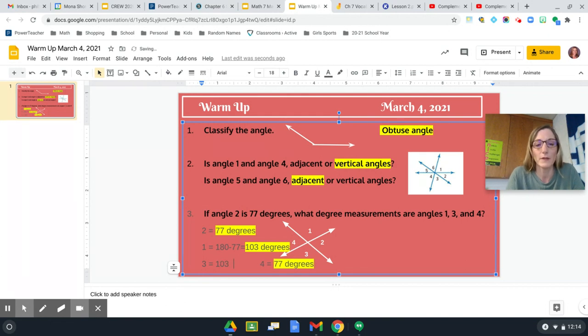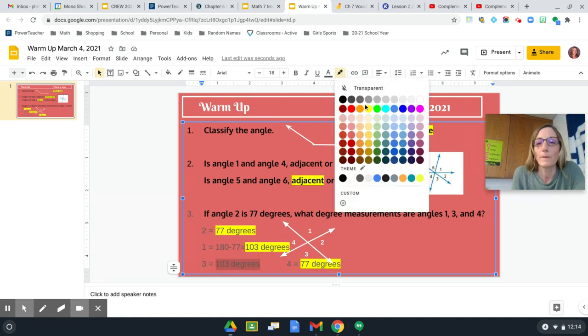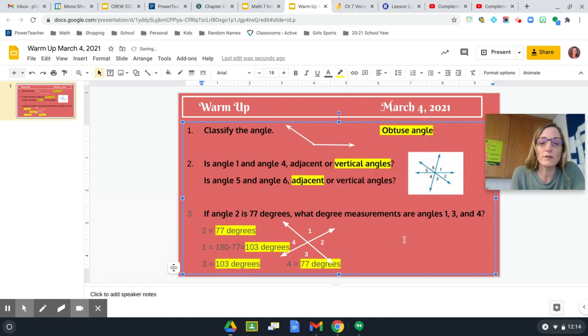Okay. So your warm-up is based on what we did in lesson 1 over the course of the 2 days. If you're still confused, especially on problem number 3, we're here to support you and answer your questions. If you're still not sure how that works, please ask us, because you'll see a question like that on your quick check coming up on Monday.